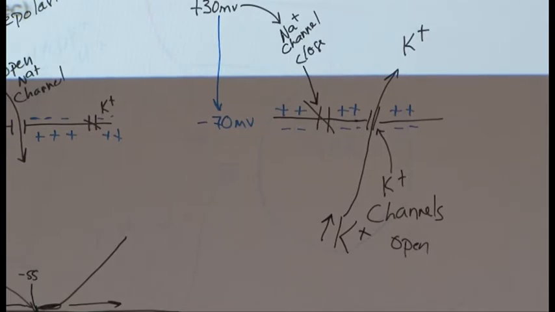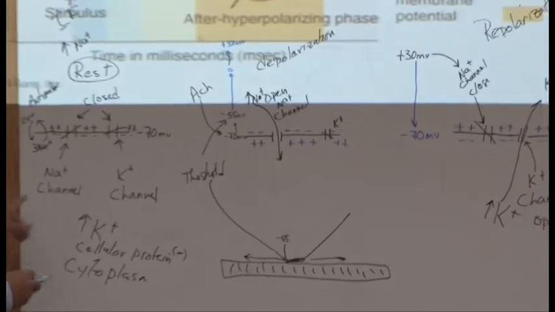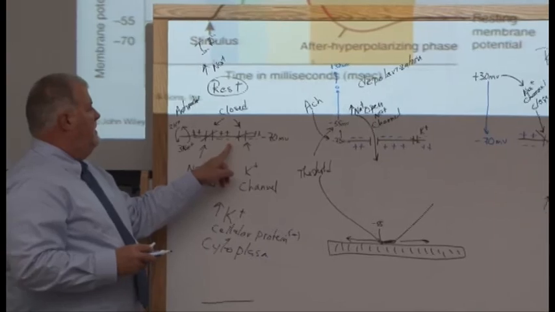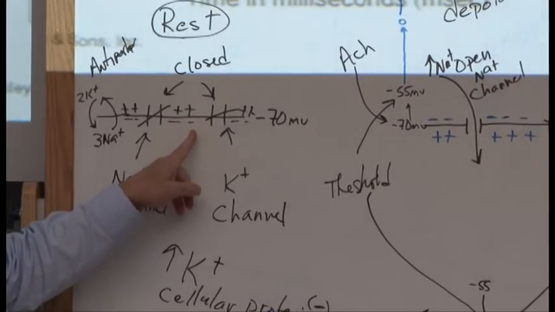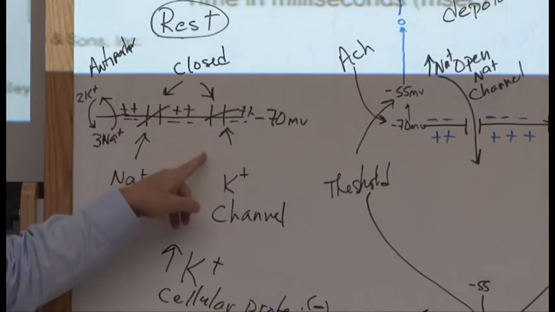Anytime we're dealing with a membrane whose ion channels are voltage-gated, they're going to open and close quickly based upon relative change in membrane potential. If the membrane never changes, the membrane would stay at rest, and all the channels would be closed.